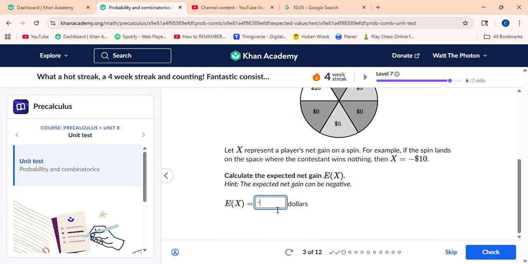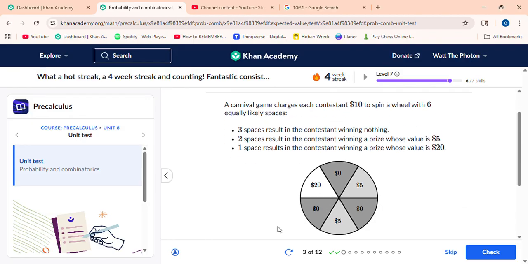So we have -$10, and then we have $20 plus $5 plus $5, all divided by the 6 spaces. So it's -5.